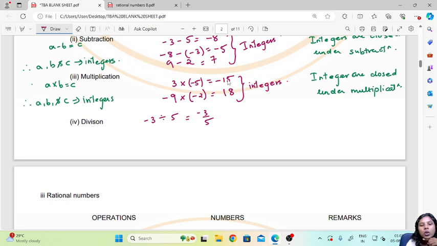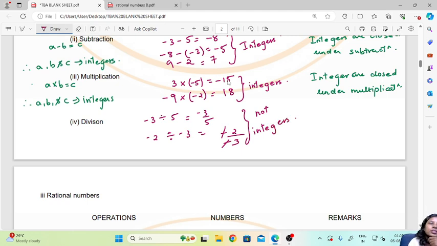Now this is not an integer, correct? Integers are whole numbers, we say. Another example we can take: -2 divided by -3. In that case also, our signs will get cancelled, and these two are not integers.